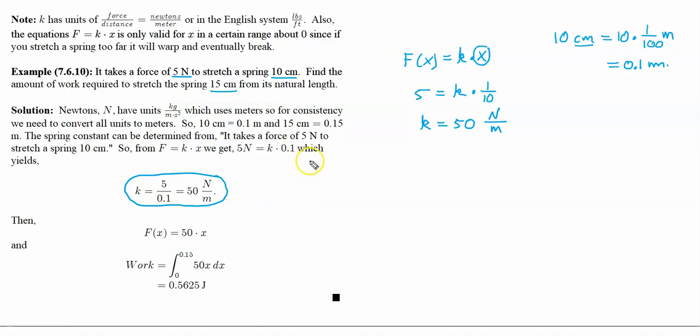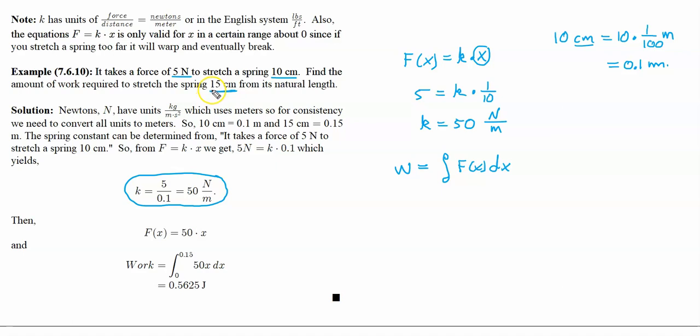All right, now, so we found the k. The rest of the problem wants us to find the amount of work it takes to stretch the spring 15 centimeters from its natural length. So what we need to do is the work is going to be the integral of our force function. Now in this case, the x here is going to vary from 0 to, well, let's see, 15 centimeters is going to be 0.15 meters.